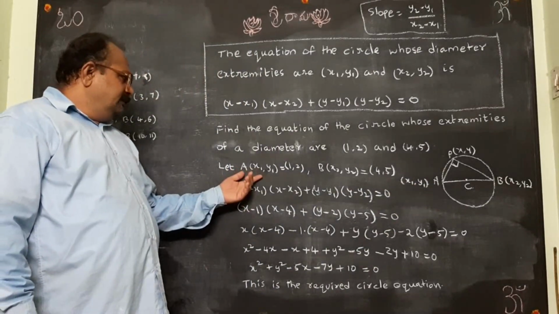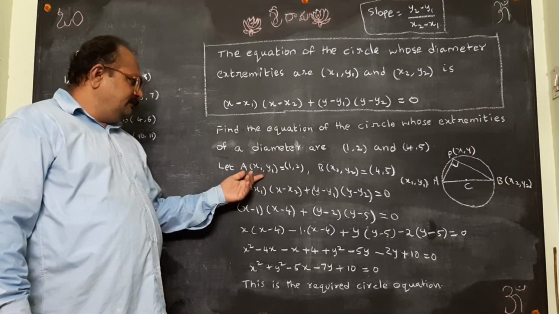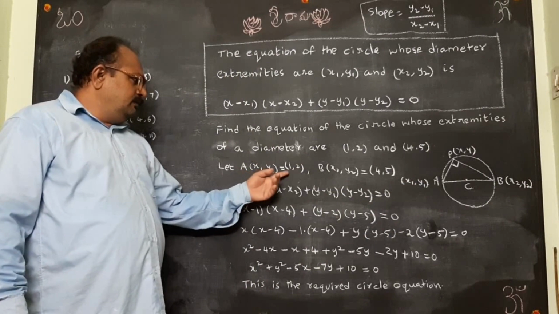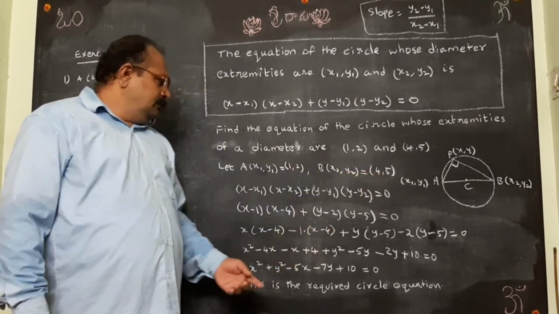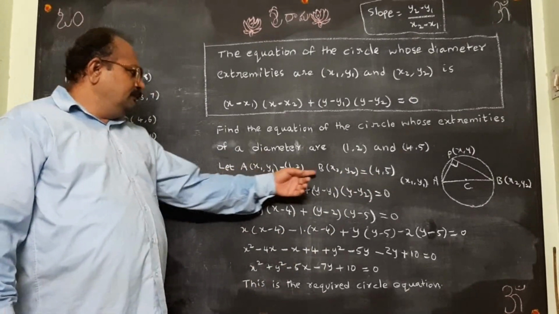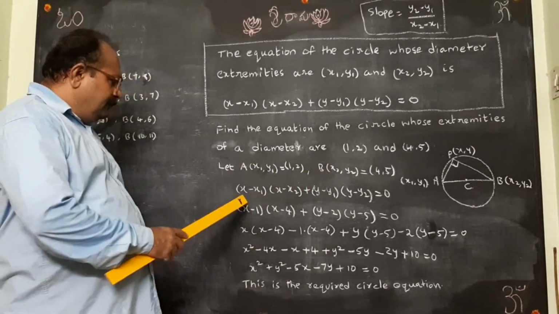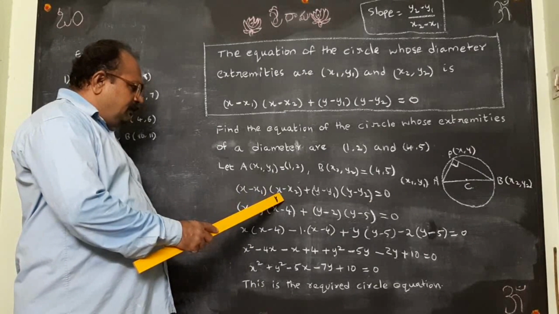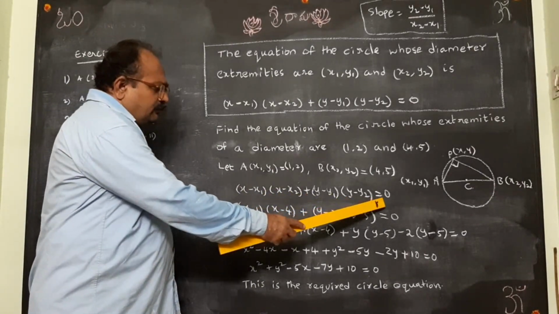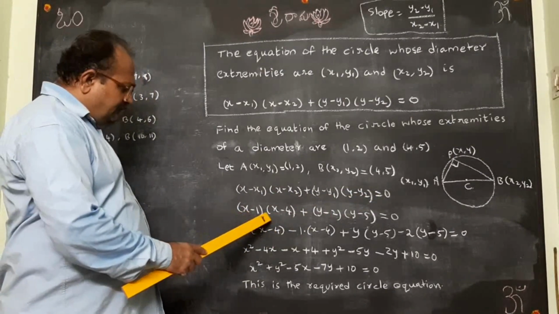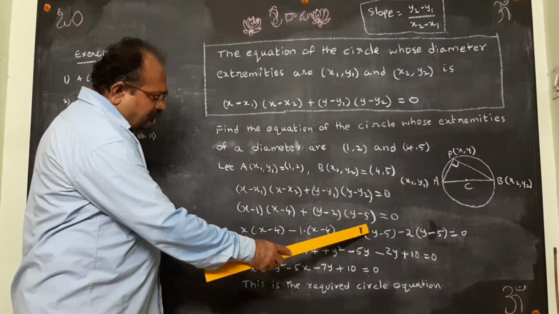Now let these 2 points be A (x1, y1) equal to (1, 2) and B (x2, y2) equal to (4, 5). Now substituting these values in the equation (x minus x1) multiplied by (x minus x2) plus (y minus y1) multiplied by (y minus y2) equal to 0. So we have substituted these values here in this equation.